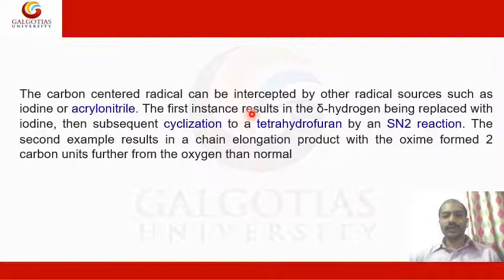The first instance results in the delta hydrogen being replaced with iodine, then subsequent cyclization to a tetrahydrofuran by the SN2 reaction. The second example results in the chain elongation product with the oxime form carbon unit, 2 carbon unit further from the oxygen than the normal one.